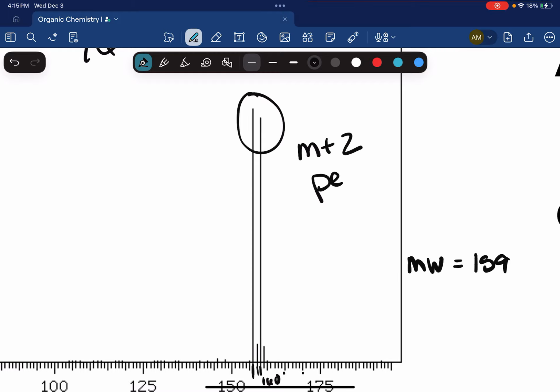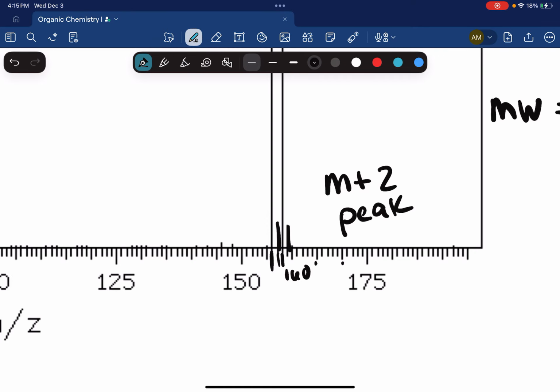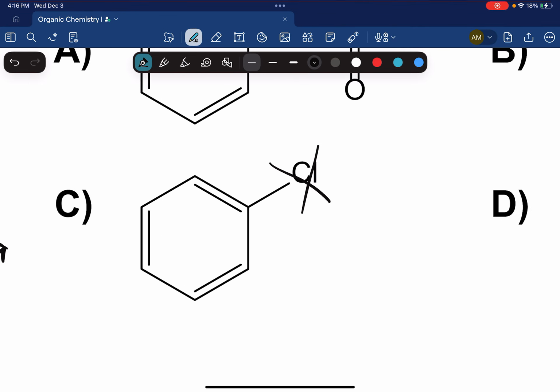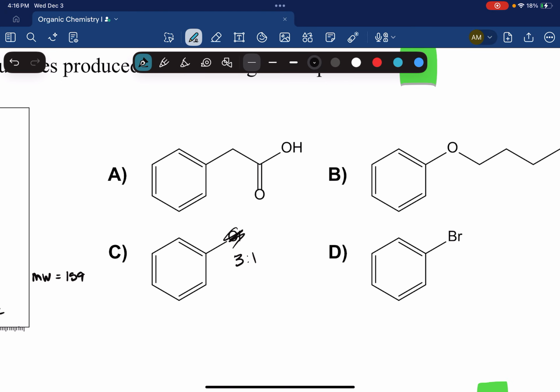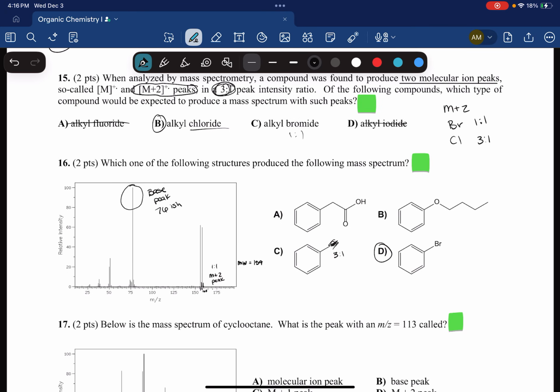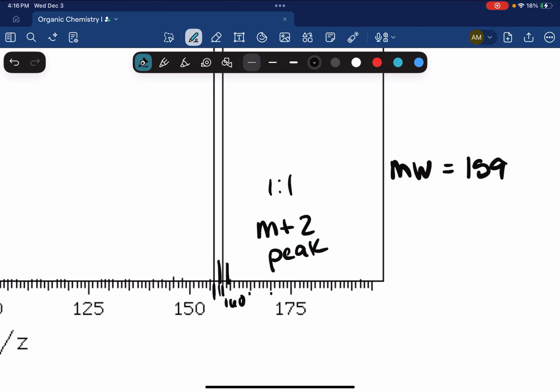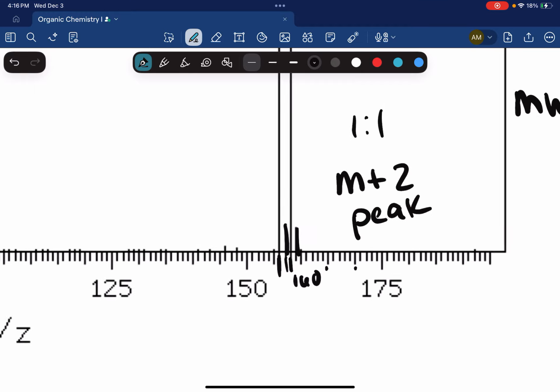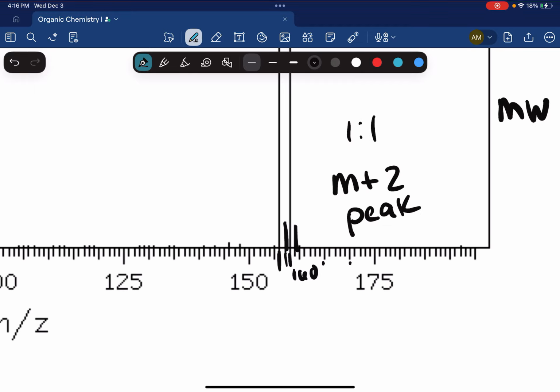But this is also an M+2 peak. These tiny ones down here. And they're like the same height, so that's 1-to-1 ratio. Which lets you know it's not chlorine, because that would have been at a 3-to-1. So it has to be bromine. It's kind of hard to see because we've got peaks in between it, but you go with the very last ones.